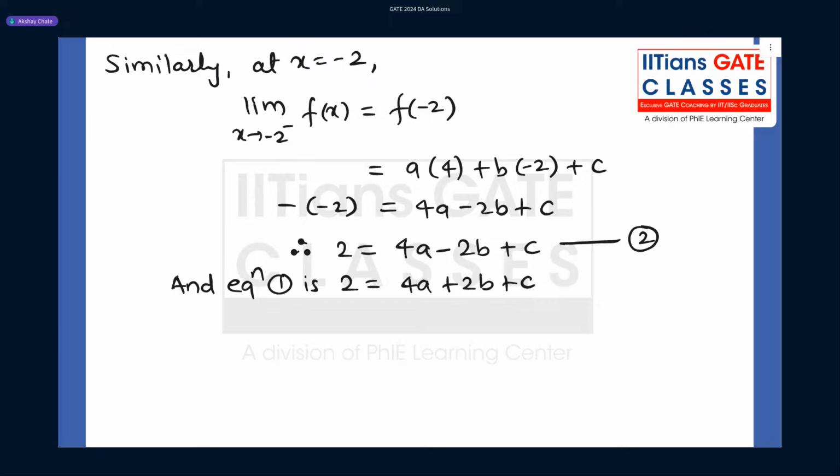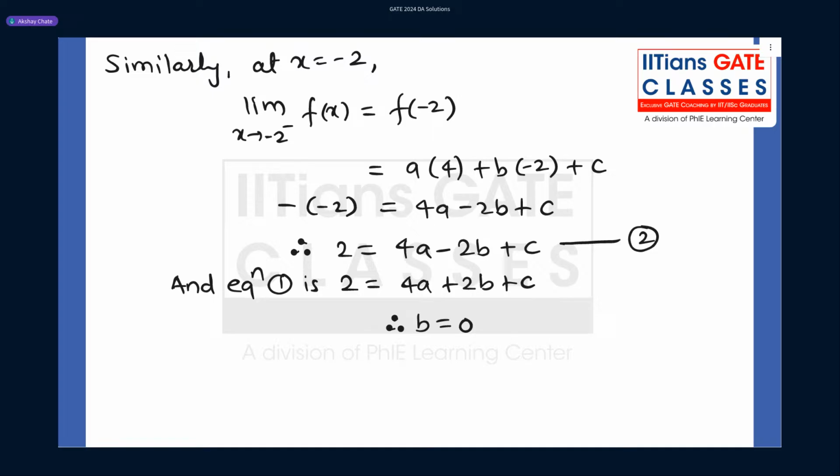Now you just look at the two equations, and from here itself you can deduce that this equation will only have a solution when b is equal to 0, because otherwise these two equations cannot satisfy the uniqueness criteria, right?